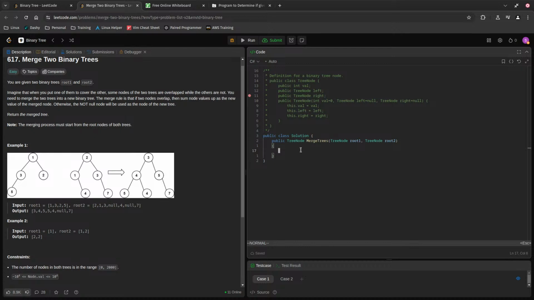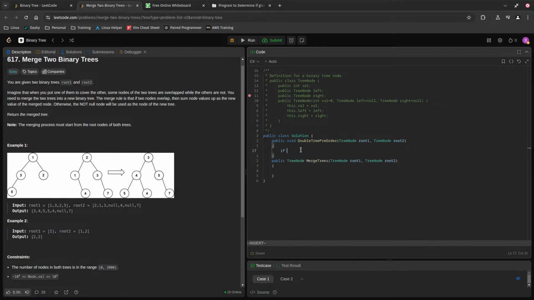So, public void double tree pre-order. This will take a tree node root 1, tree node root 2.